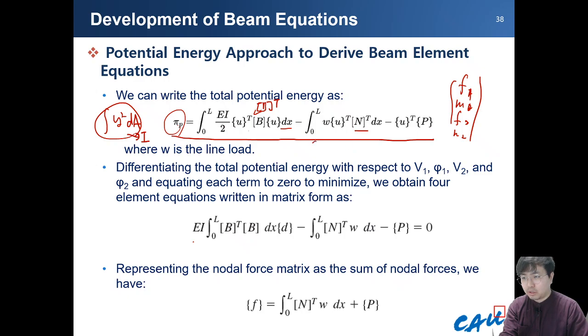Actually, U is the unknown variable. Depending on the vector U, this potential energy can have some value. Depending on U, the total energy can sometimes increase and sometimes decrease.